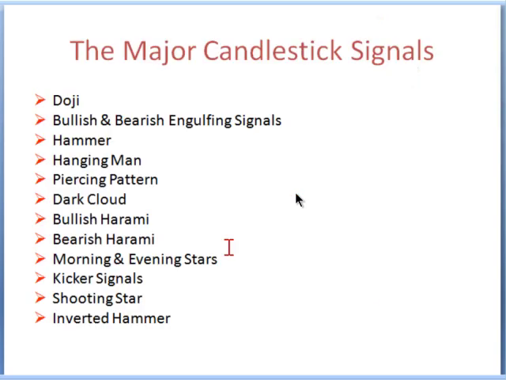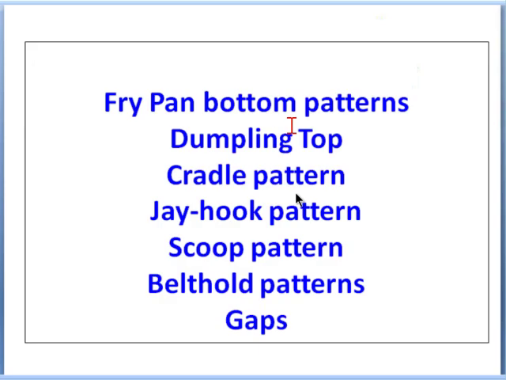Since we've already scaled down the 50 or 60 candlestick signals to what we call the 12 major signals, this allows us to do scans for the high probability signals and patterns. The patterns also included are the fry pan bottom, dumpling top, cradle, and J-hook. These all have relevancy, because the Japanese rice traders over hundreds of years have identified what happens in human nature.